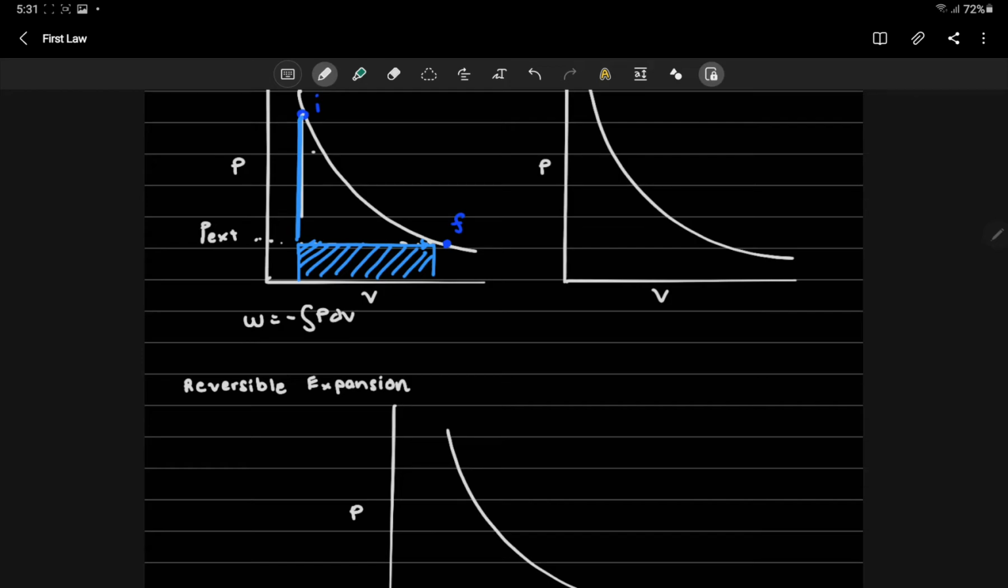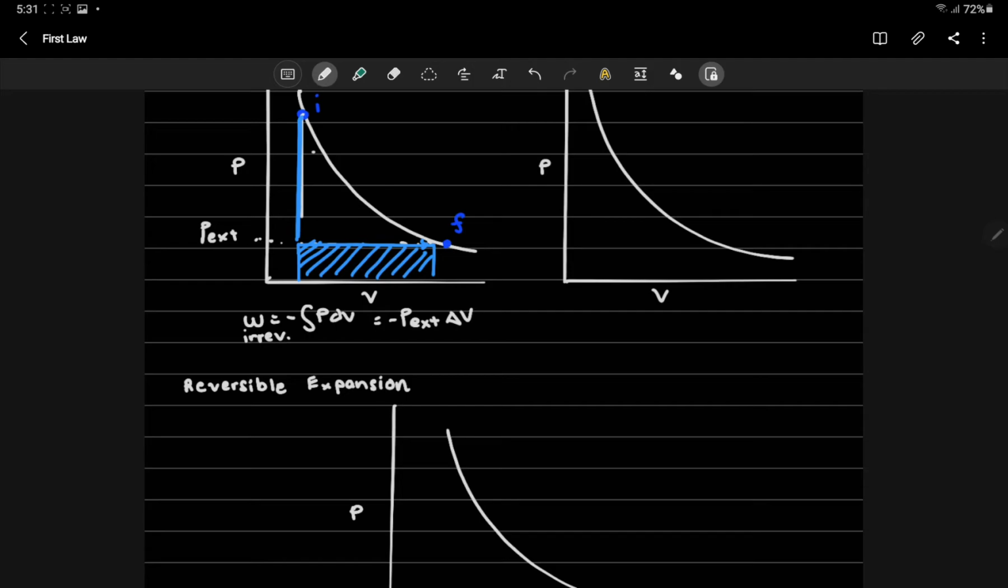However, yung pressure natin is constant. So, external pressure yan. Yun yung ating final pressure. So, ang mangyayari, magiging negative P external times delta V. So, this is now our work irreversible.